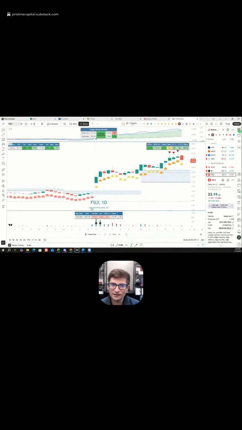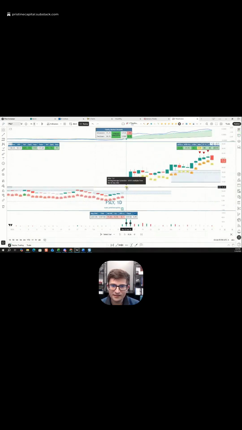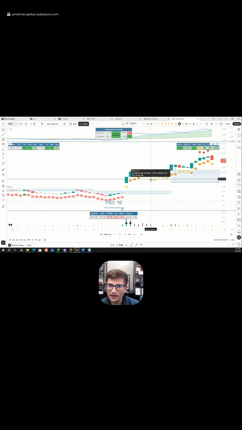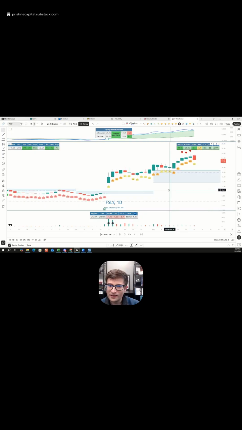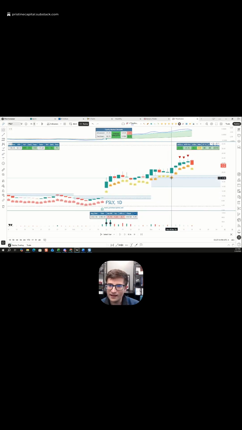So if I zoom in here, I can see Fastly on the day of its power earnings gap had a MAX of 7.4. But if you look, the MAX never really went lower. It hovered around 7.7. It dipped down to 5.8. And you can see it went right back to 8.5, 9.2, 10.2, and hit a high of 10.3.